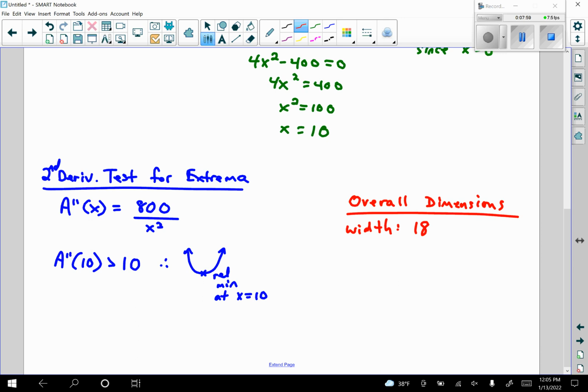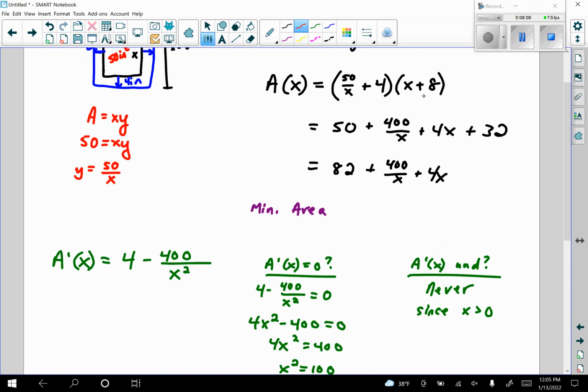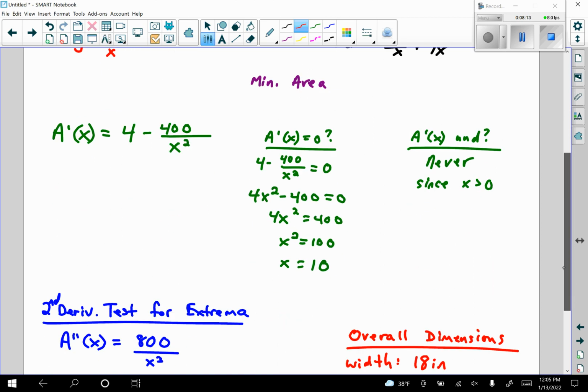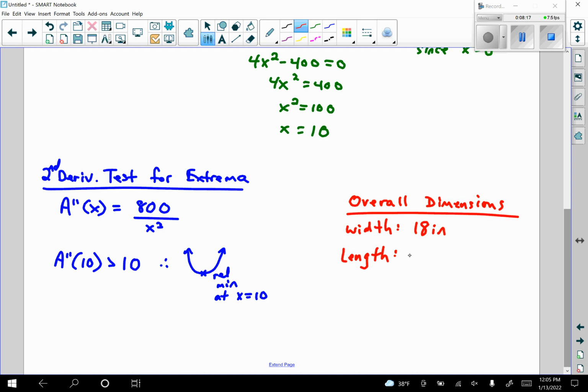So we will have 18 inches, and we'll call it the length. And that was, we go back up to the top here, 50 over x plus 4. So that's 50 over 10 plus 4. That'll give us 9. So the overall dimensions to minimize the amount of paper used would be right here.